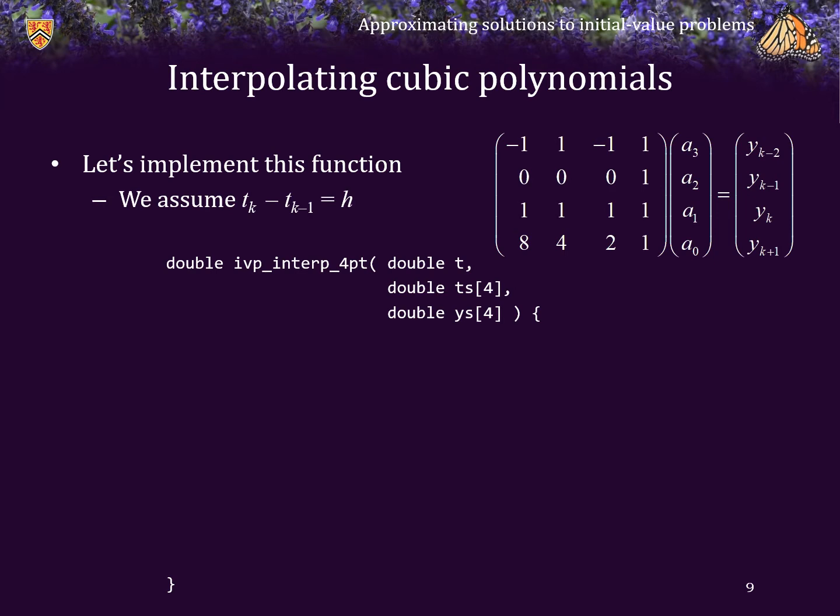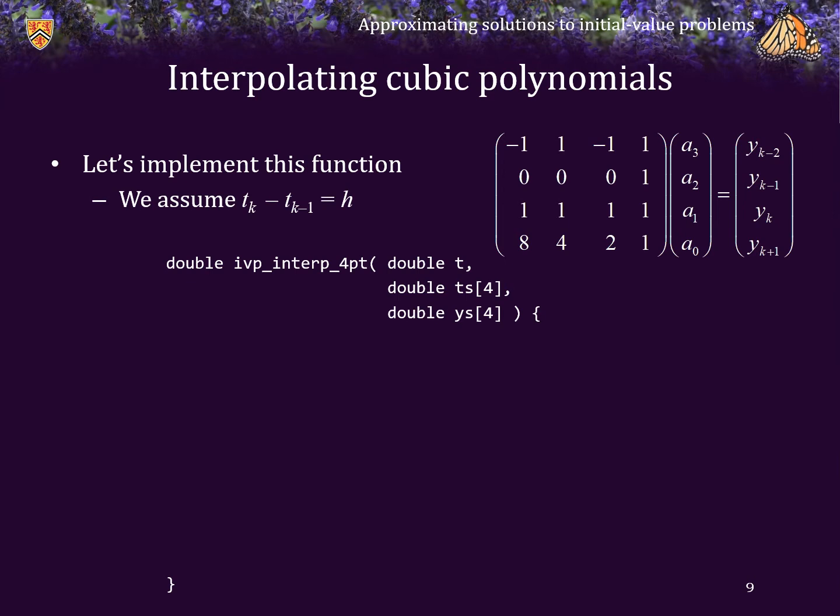Let's actually implement this. Now, as before, we're going to shift and scale the solution so that we are at the points -1, 0, 1, and 2, and we're going to assume we are evaluating this interpolating polynomial at some point between 0 and 1.